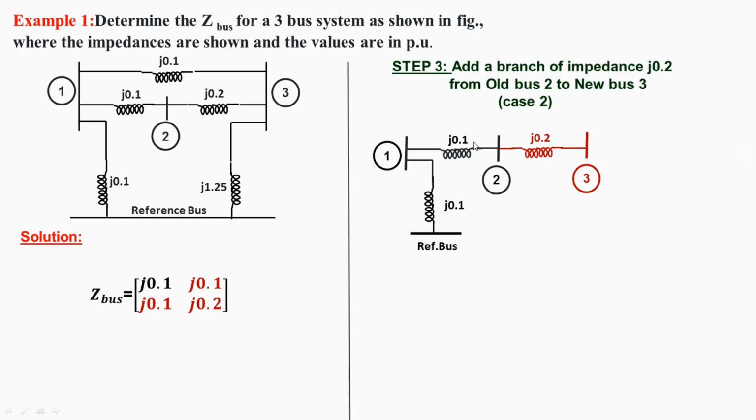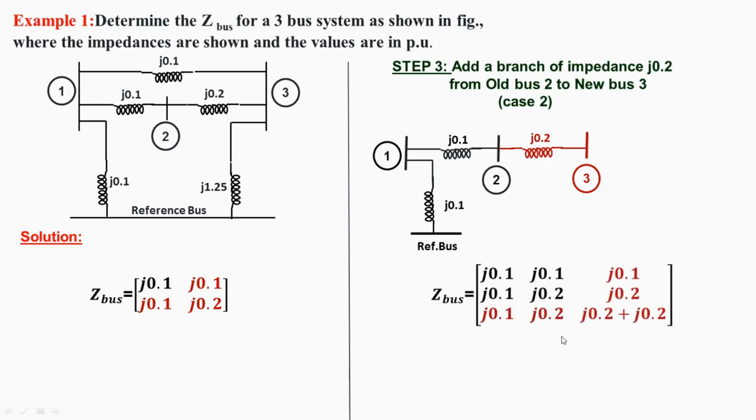So the equivalent circuit becomes this: this is the already existing equivalent circuit, and this is the circuit with the new branch added. Here also, this is case number 2, old bus to new bus. The new bus impedance matrix is equal to the previous bus impedance matrix, increased by one column and one row.